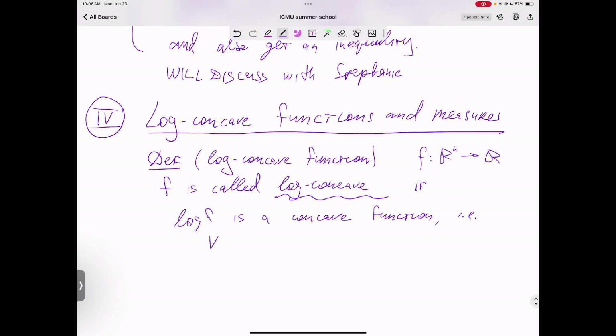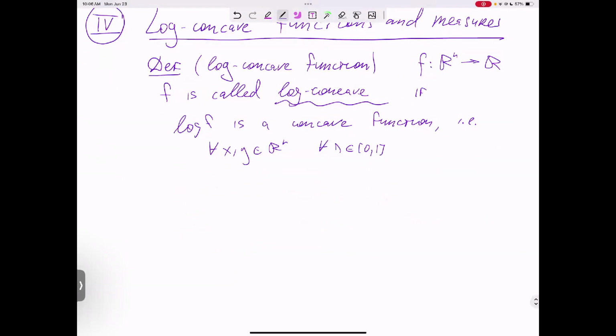In other words, for any x and y in Rn and for any lambda between 0 and 1, log f of lambda x plus 1 minus lambda y is bigger than or equal to lambda log f of x plus 1 minus lambda log f of y.